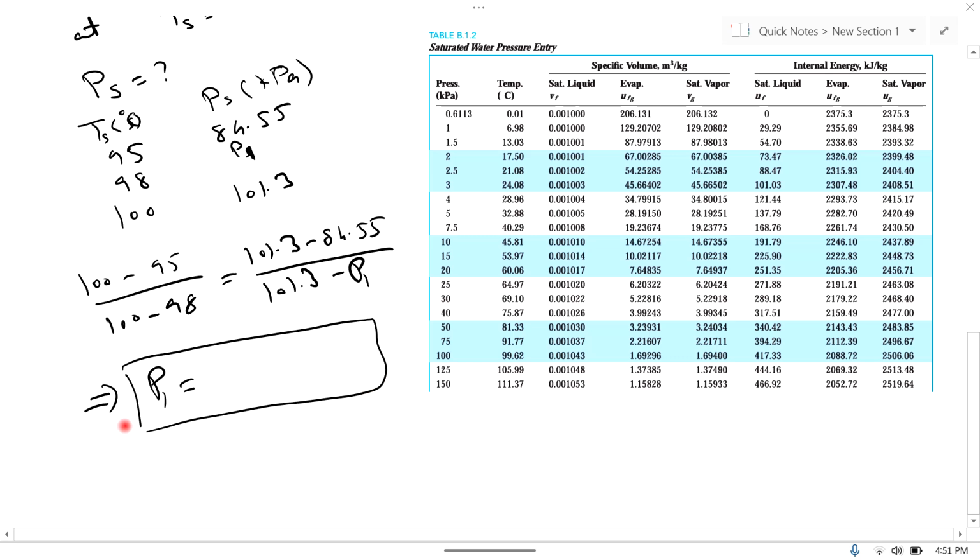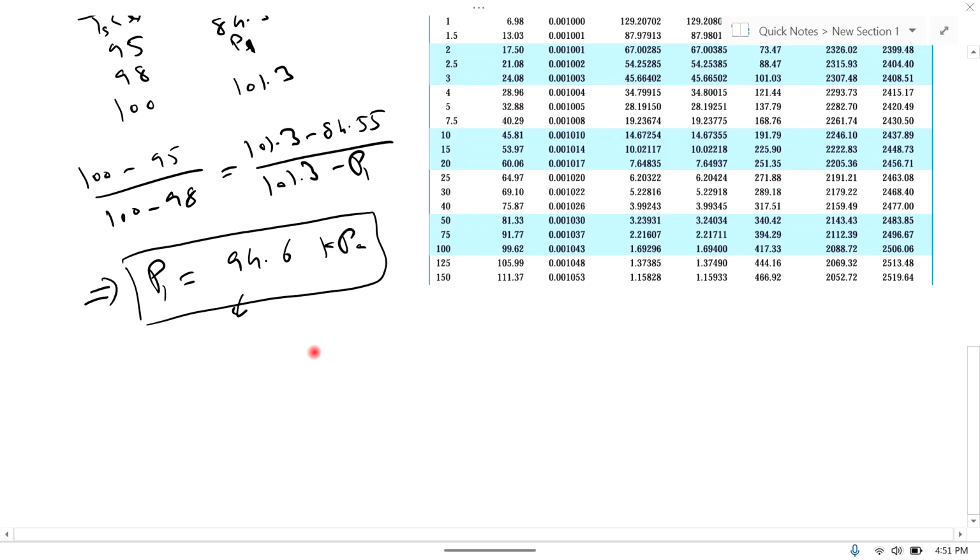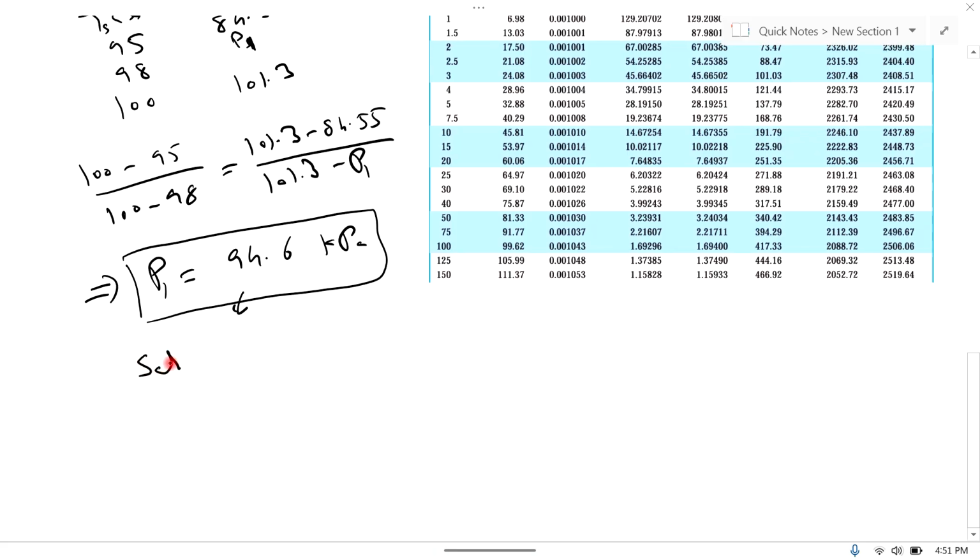P1 is equal to 94.6 kilopascal. This is the saturation pressure at the 0.05 meter deep pan.